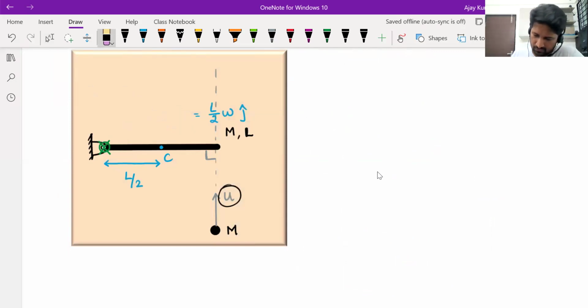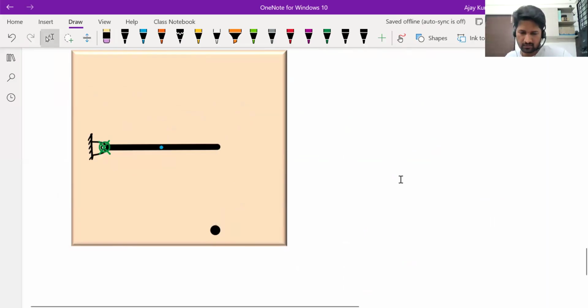I'll have to make some changes in this diagram. Rod of mass and length L, and the particle; we don't know where it is going to hit this time. That is what we have to find out. Let's say the particle is about to hit the rod.